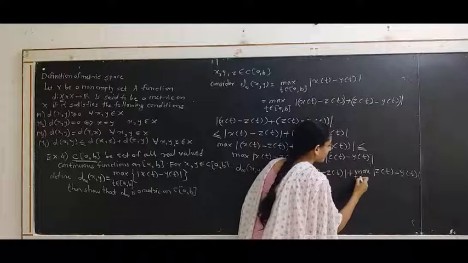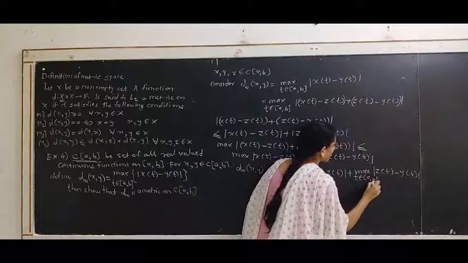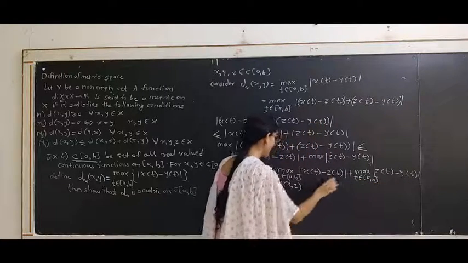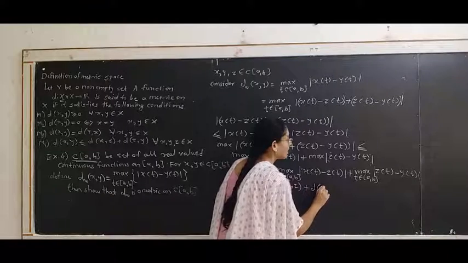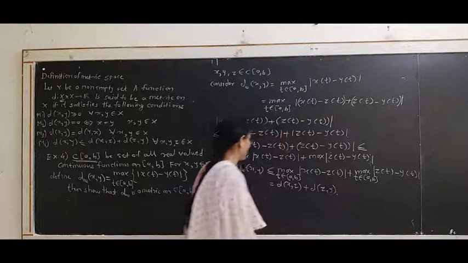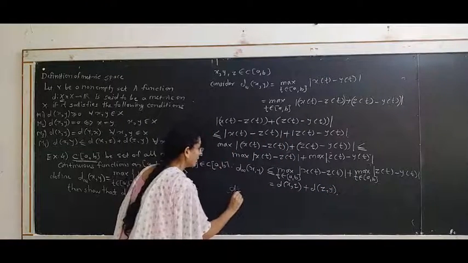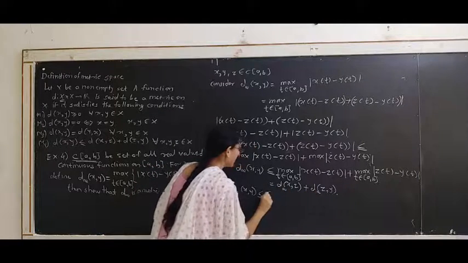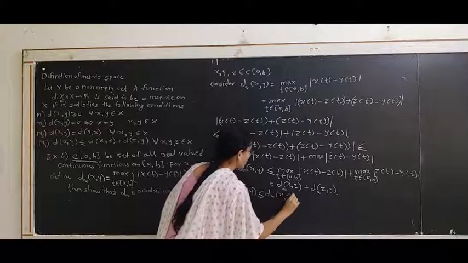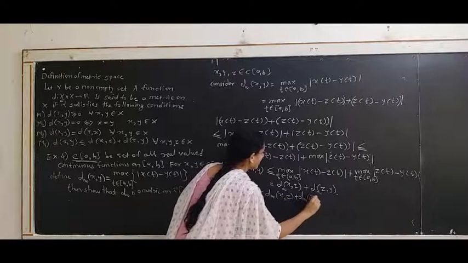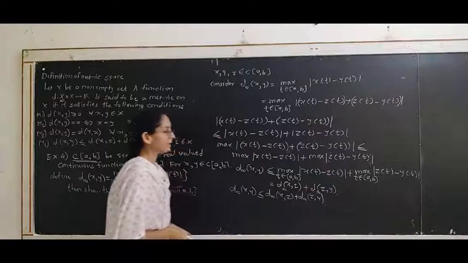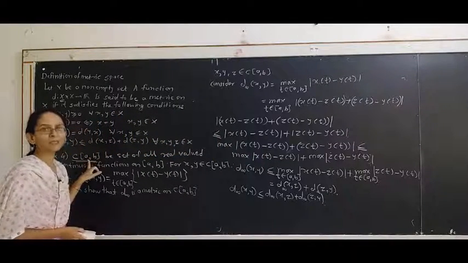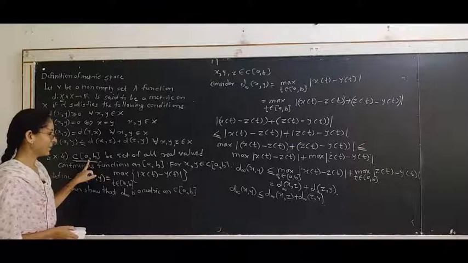Here also the maximum for t belonging to AB of mod of z of t minus y of t we can write as d of zy. Hence we proved that d infinity of xy is less than or equal to d infinity of xz plus d infinity of zy. Hence, d is a metric on the set of all continuous real valued functions defined on the closed interval AB.